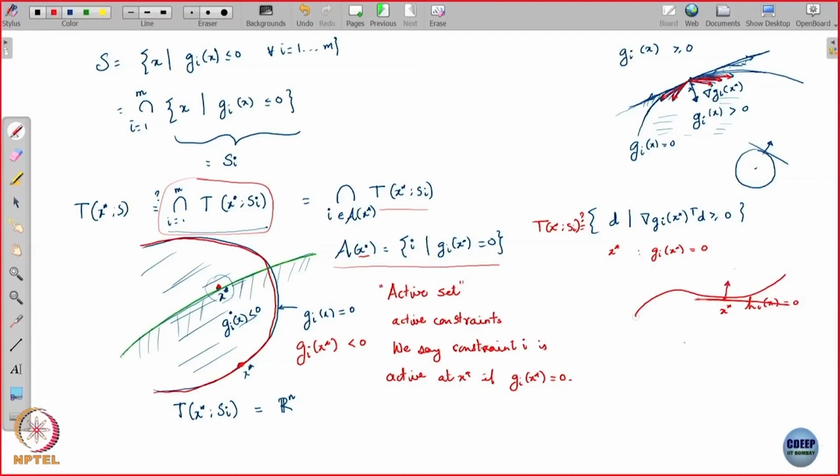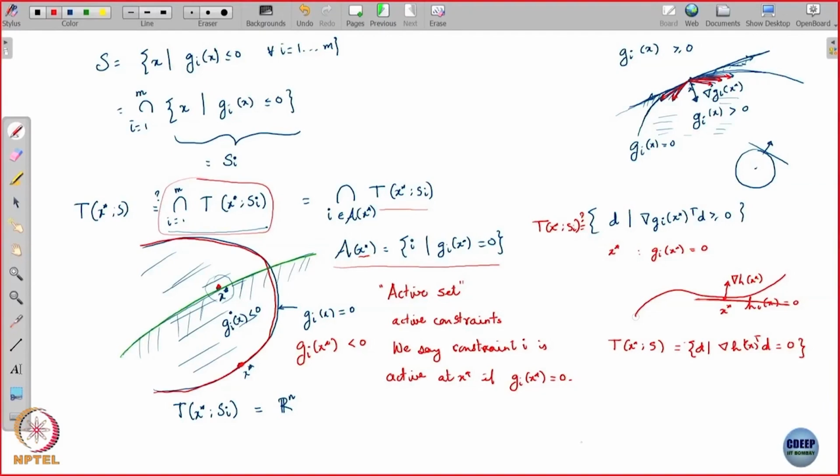This would be the direction of the gradient of h at x star, and you would think that the tangent cone with respect to that set would be d such that gradient of h at x star transpose d would be equal to 0, following the same reasoning as before.